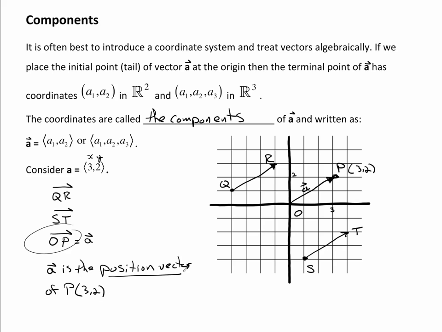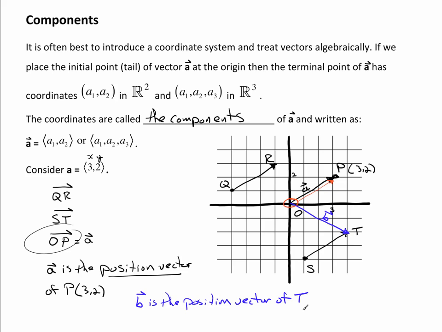Now, position vectors start at the origin and they go to the point that we're talking about. If I were to take a vector from the origin to, say, point T, and I call this vector B, then B is the position vector of point T, whatever point T's coordinates actually are.